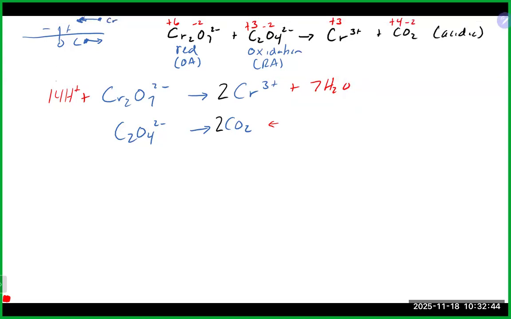And overall here, we got a plus 14, we got a minus 2. That's a net plus 12. Over here is a plus 6. So I feel like I need 6 electrons there in the top guy. It's going to give me a minus 6 and a plus 12. Going to net me a plus 6 on both sides in this case. Looking at the bottom here, that's a minus 2.